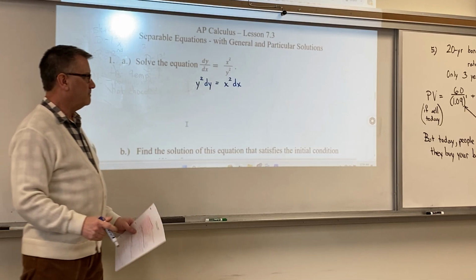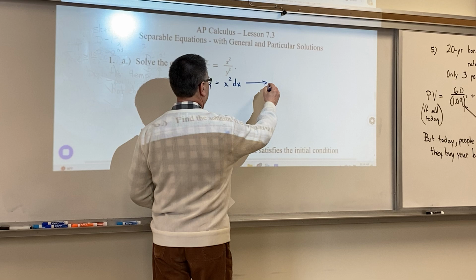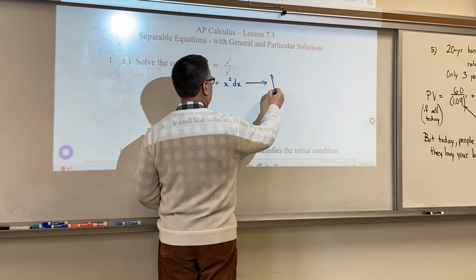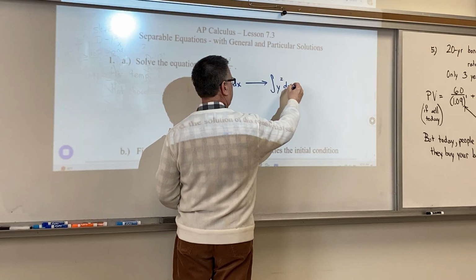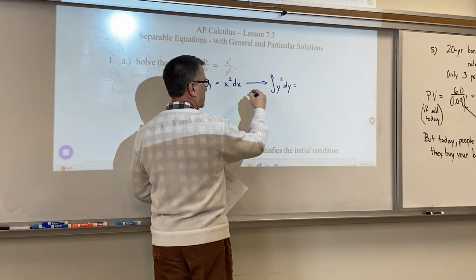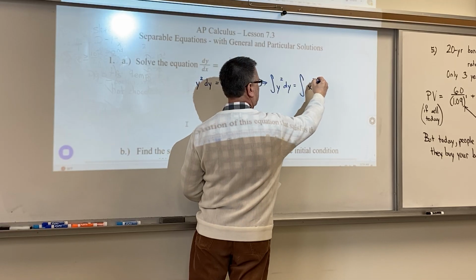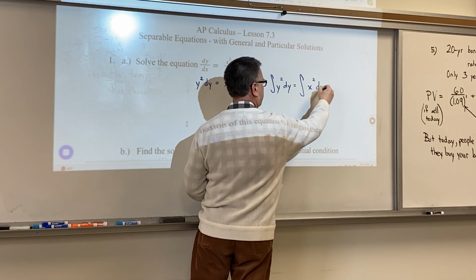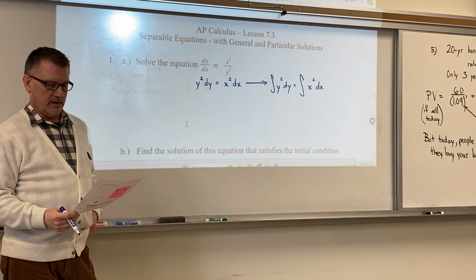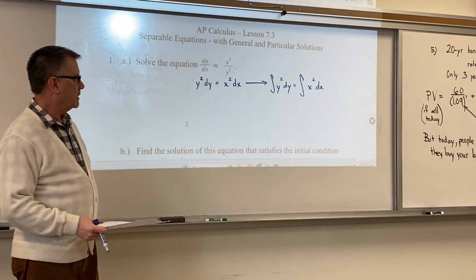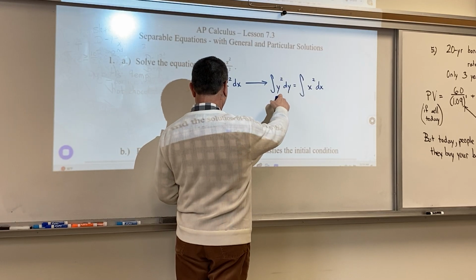So what do I do now? Let's integrate both sides. Integrate y squared dy equals, whatever you do to one side, you gotta do the other, integrate x squared dx. We can do that, can't we?